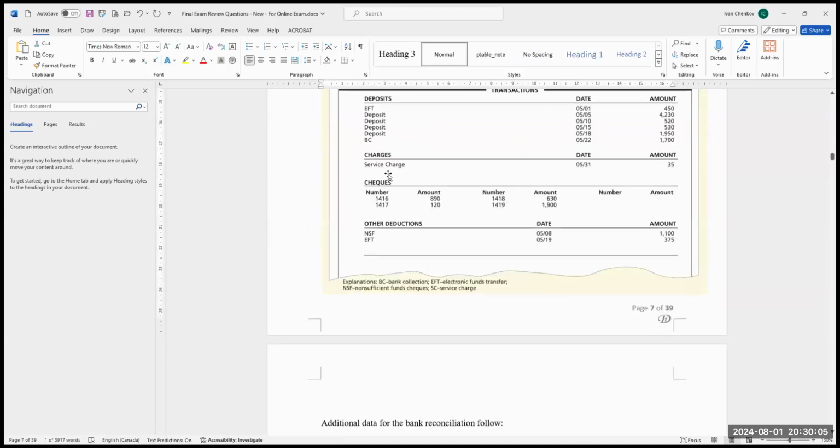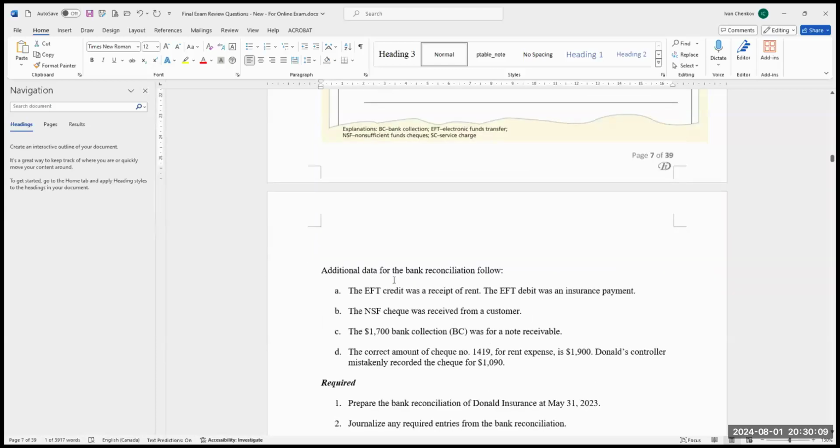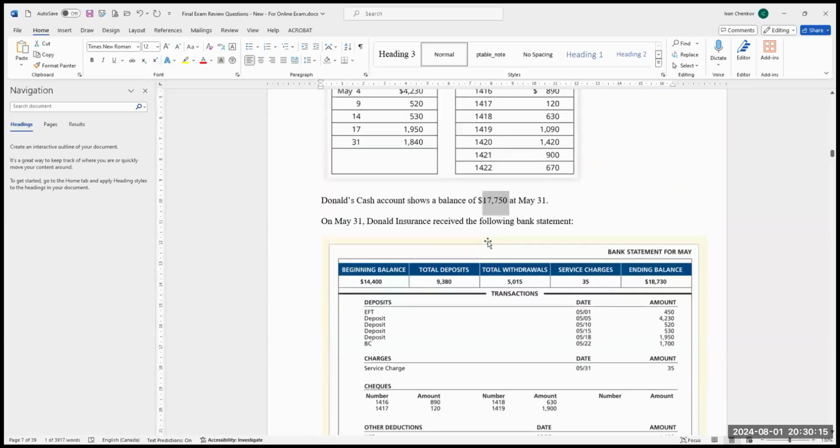The bank collection is related to the note receivable. And now the correct amount: there will be a problem with check 1419. As you can see, the bank recorded 1,900. We recorded in our books, we flipped the 9 with a 0, $1,090.